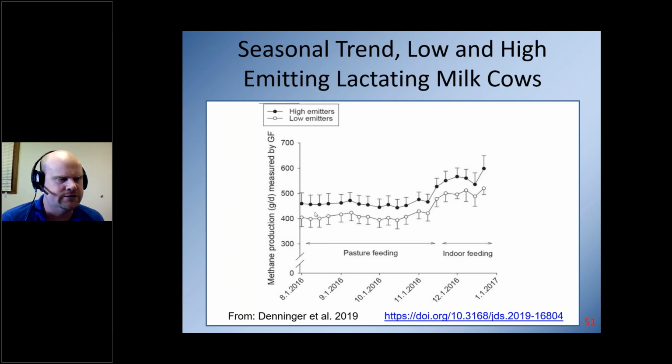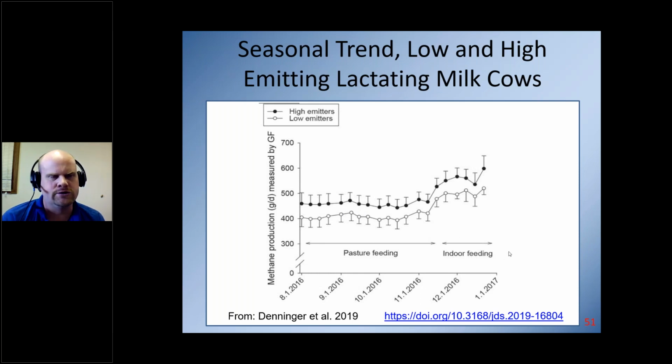So on pasture feeding, we can see quite consistent differences between high and low emitting average animals week to week. And these averages are actually very, very repeatable. And you see differences in trends follow each animal. And these trends are probably related to, for example, pasture quality or the amount of available forage.